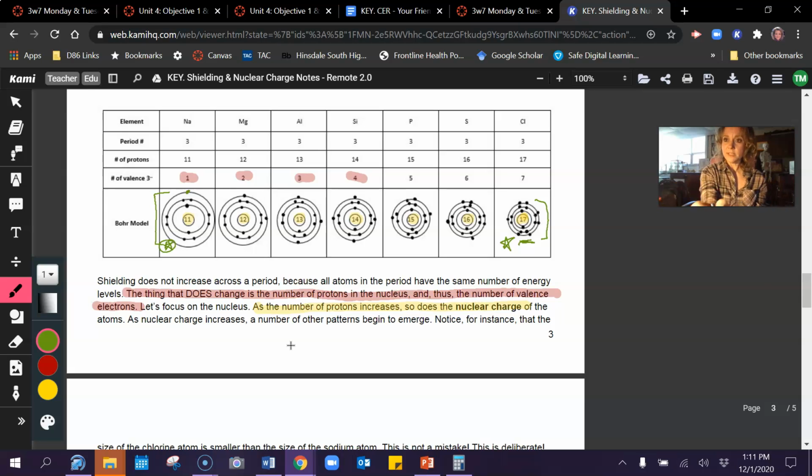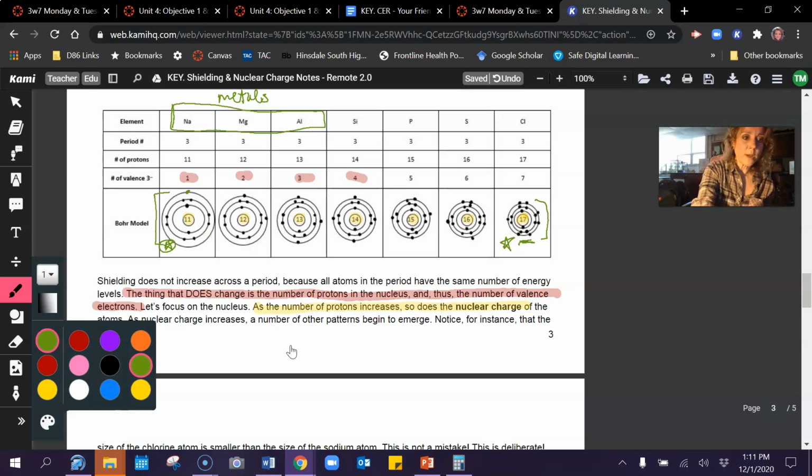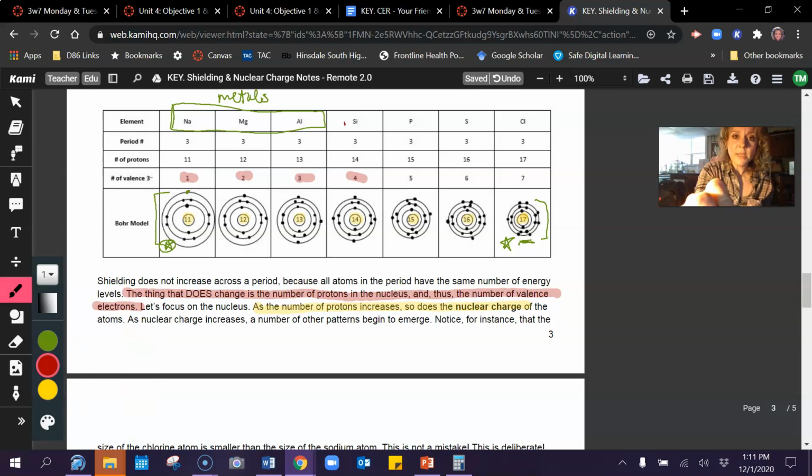Metals in general, because they're on the left-hand side, so our metals here include sodium, magnesium, and aluminum, are on the left-hand side of the period. And so their nuclear charge is not as great as the nonmetals, which are on the right-hand side of the period.